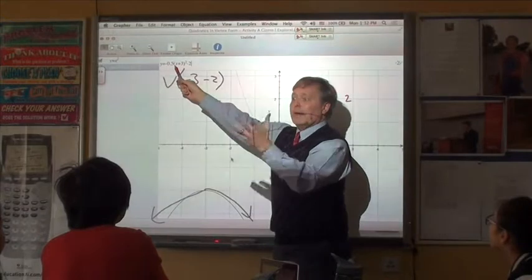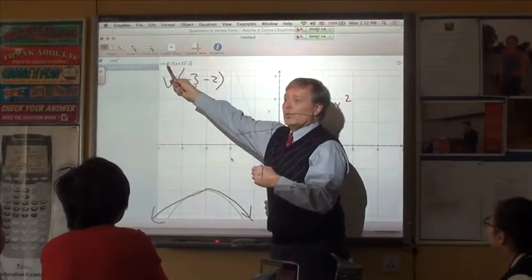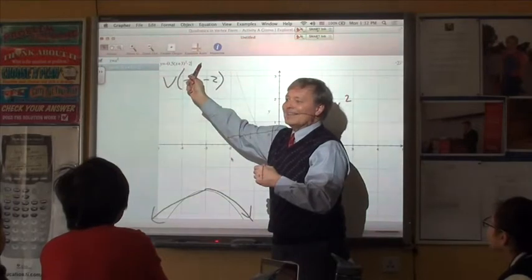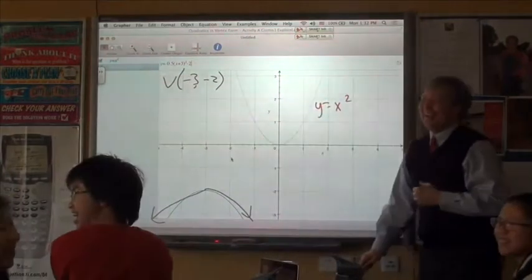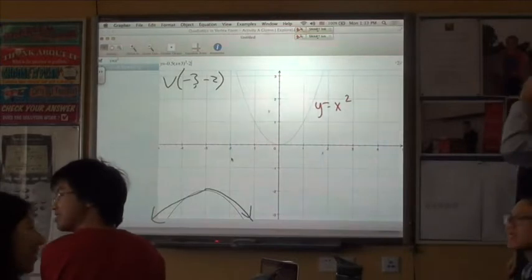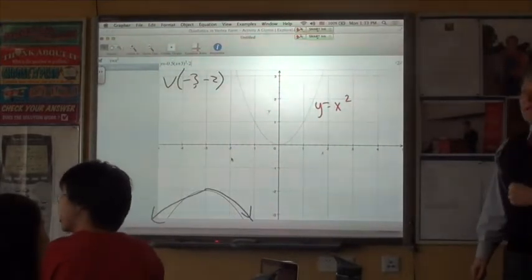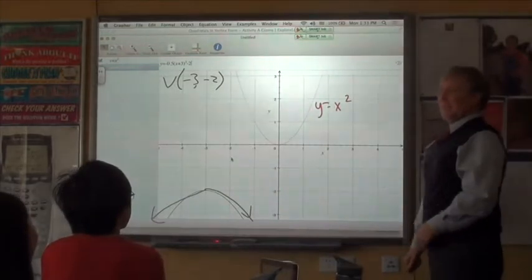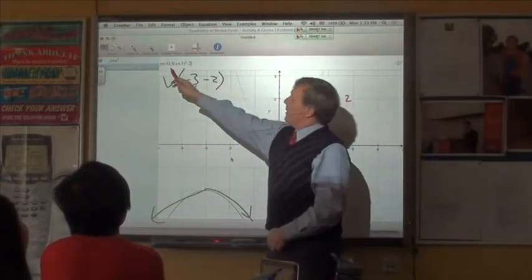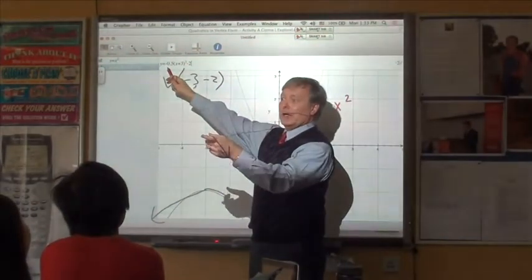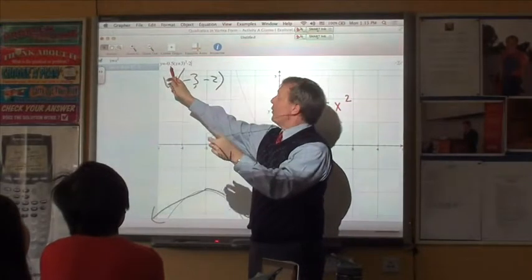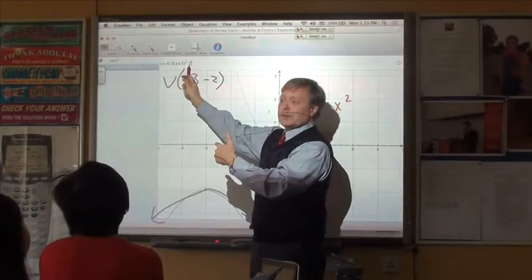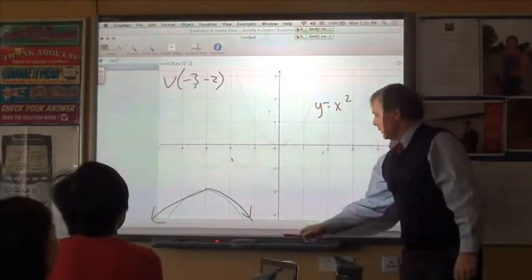Number of shifts, number of transformations. Sarah, how many did you get? 3? 4? Sarah, your first one is the negative. The second one is the half. The third one is the -3 shift, right? Left 3, and the fourth one is -2, down 2. Good job.